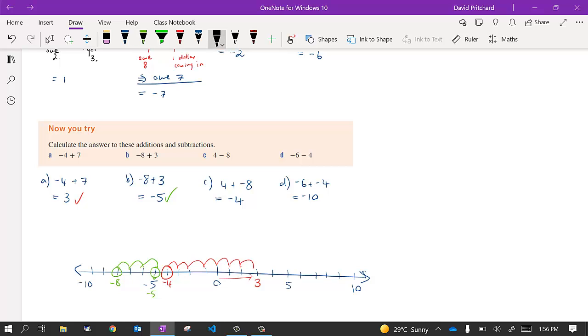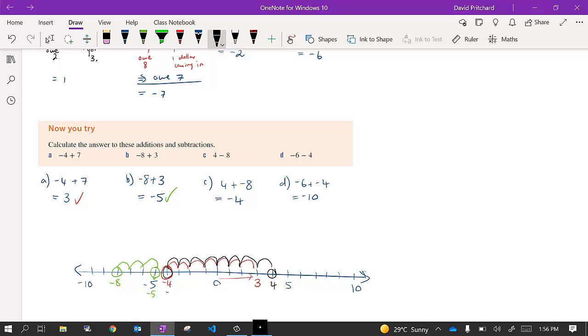All right, the next one we'll do in black. So now we have 4 take 8, or 4 plus -8. So we'll start at 4. And the only difference between positive and negative is when we're subtracting, or when we're adding a negative, we're going backwards. So we'll go 1, 2, 3, 4, 5, 6, 7, 8.